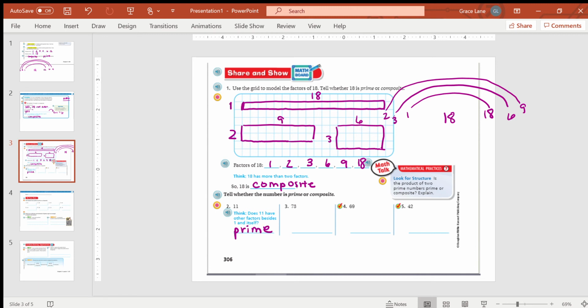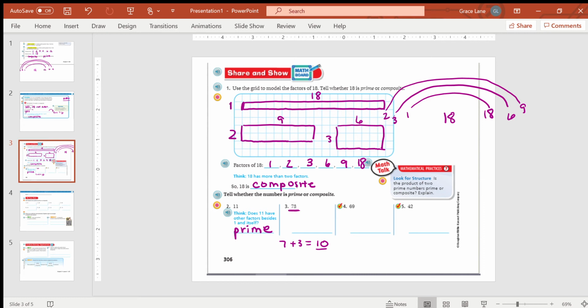73. This number is a little bit bigger, so you might not have all your facts memorized, so you could double check with your divisibility rules. For example, I know it can't be divided by 2, because it's not even. You could try 3 though. Remember the sum of the digits, if that can be divided by 3. That 7 plus 3 is 10. Can 10 be divided by 3?